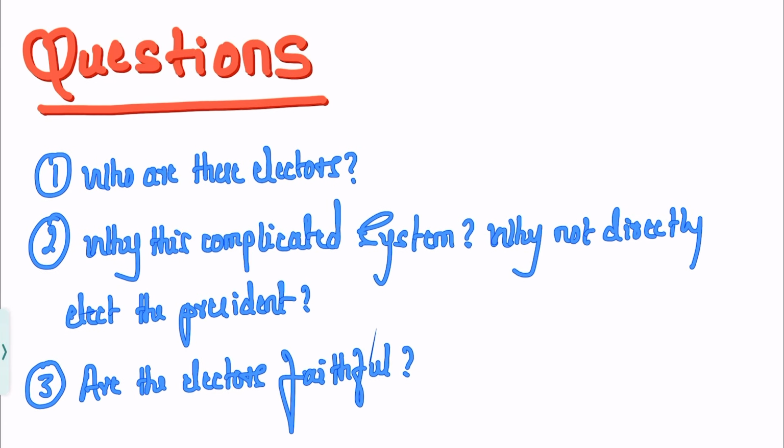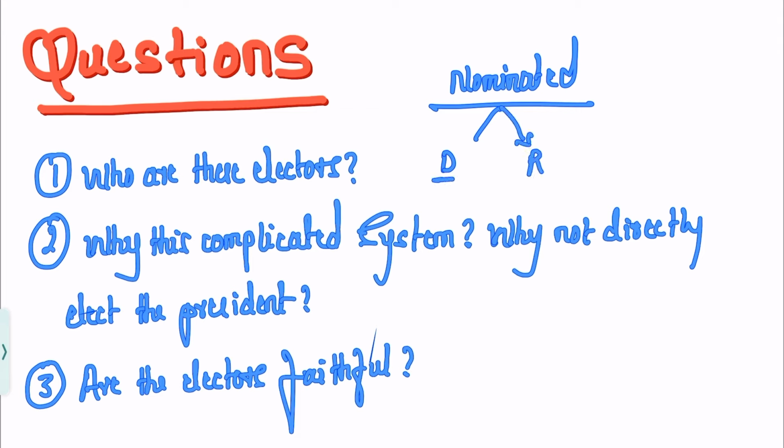Now, who are these electors? As I already told you, these electors are actually nominated. And who nominates them? Parties. So the Democratic Party will nominate its electors in each state, and the Republican Party will nominate its electors in each state. For example, as I told you, California has 54.